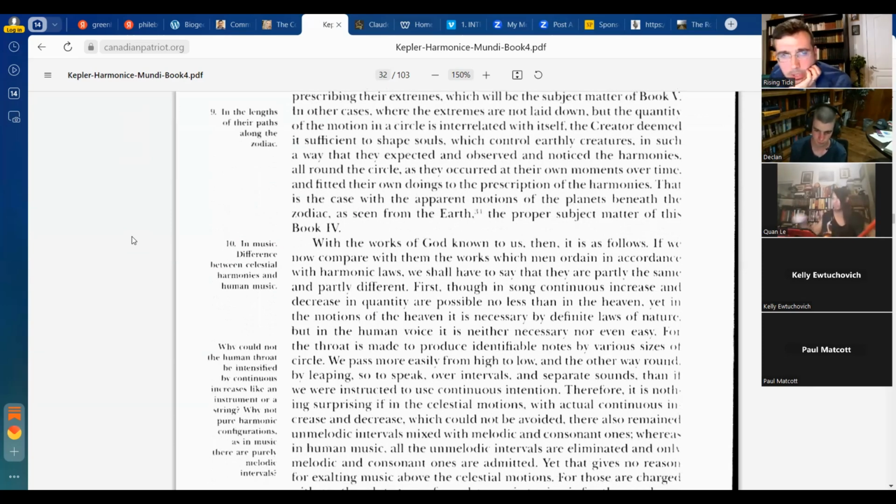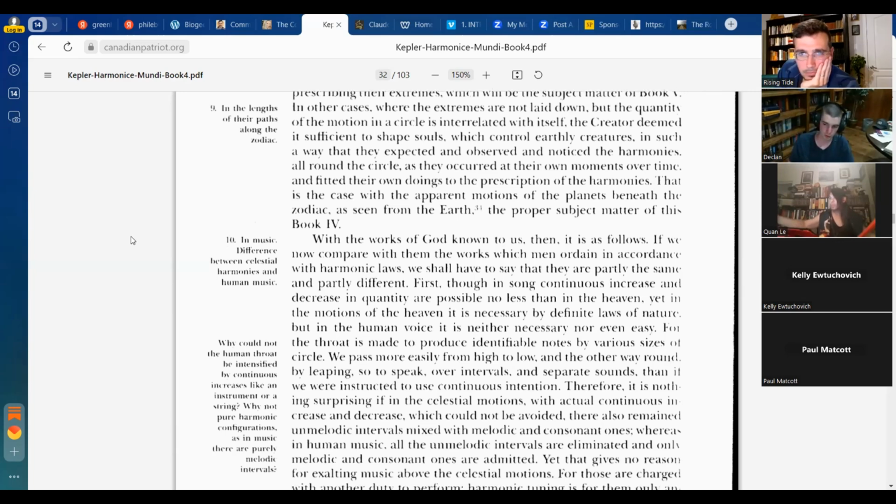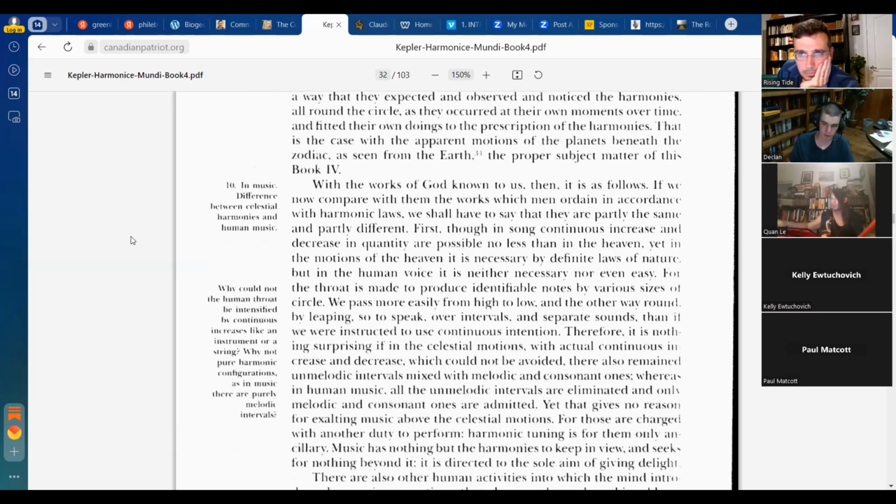This one is called: In Music, Difference Between Celestial Harmonies and Human Music. With the works of God known to us, then, it is as follows. If we now compare with them the works which men ordain in accordance with harmonic laws, we shall have to say that they are partly the same and partly different.